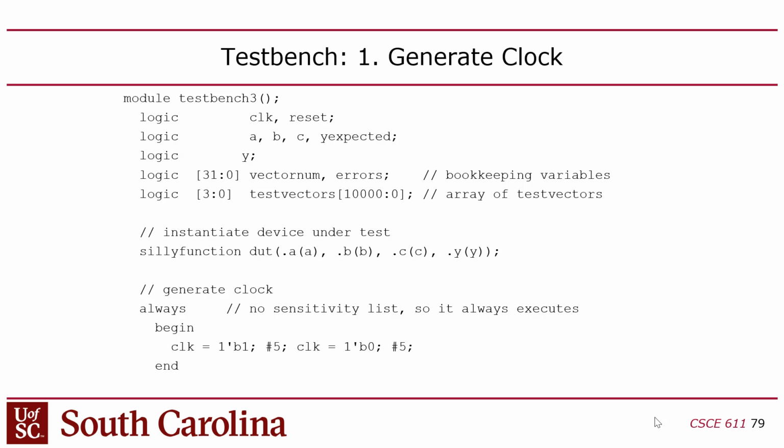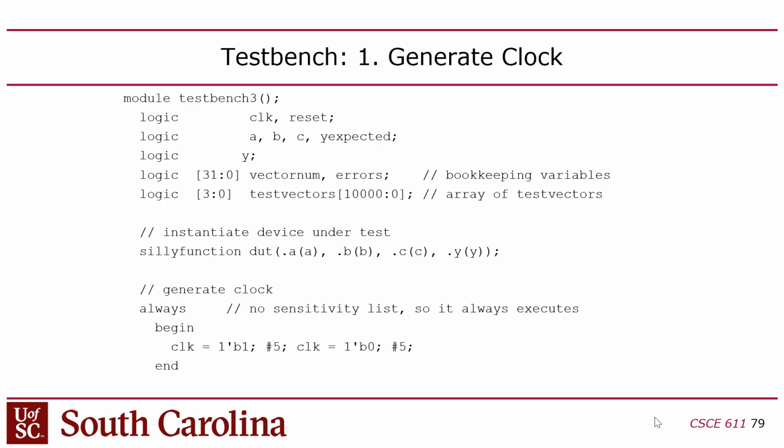I think it's because having logic 3 down to 0 makes it consistent with the one-dimensional signals, and then when you make a two-dimensional signal, you put that after the name of the signal. So it's 3 down to 0, test vectors 10,000 down to 0. It's creating a 10,001-row RAM that's 4 bits wide. You just have to get used to that. That's crazy syntax compared to other languages.